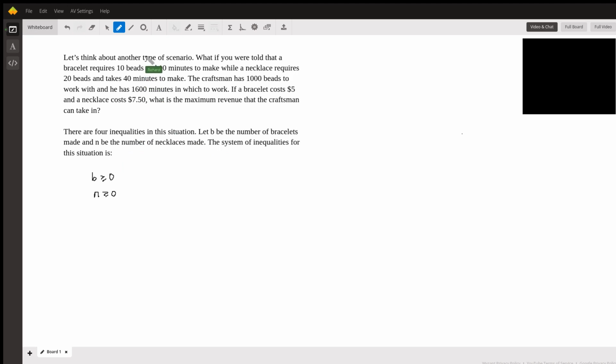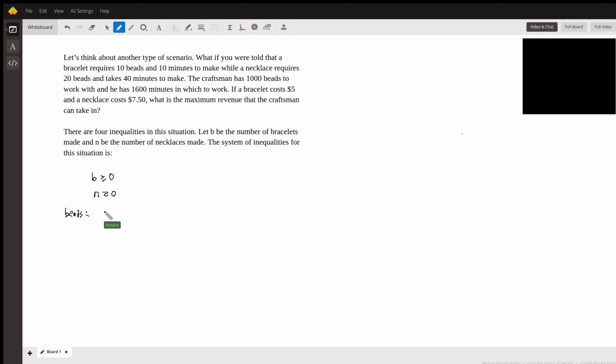So that's a good place to start. And now we'll go up top here. A bracelet requires 10 beads and a necklace requires 20 beads. So 10 times B, for our equation for beads, and that's just to keep good notes as you're moving through this.